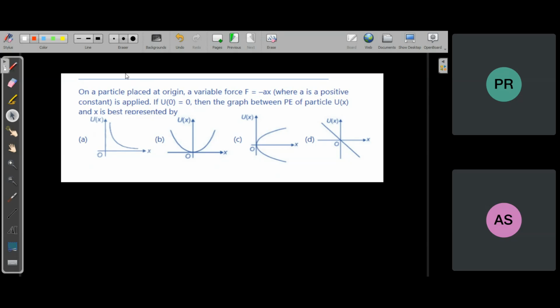What are they asking you? The potential and displacement graph, you can say position graph. No, D is not correct.